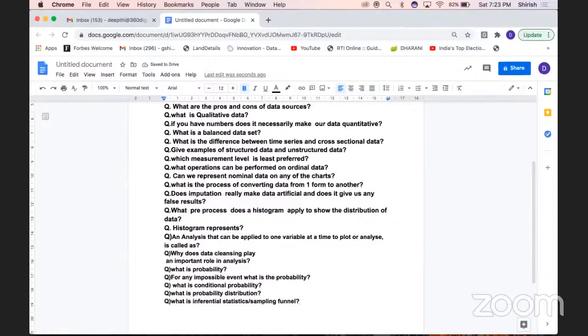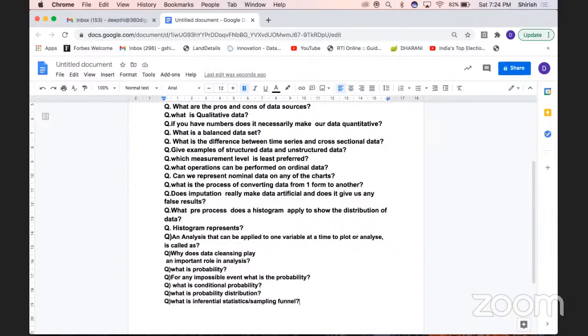Is simple random sampling inferential statistics? Not really, Rajkumar.